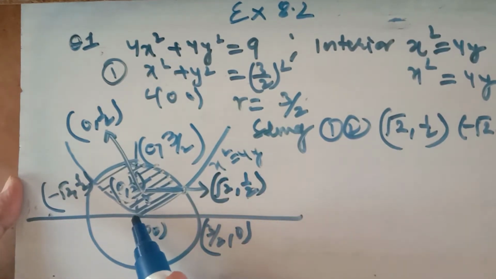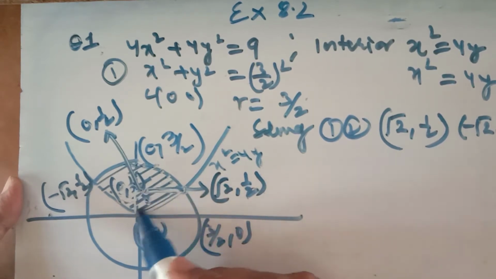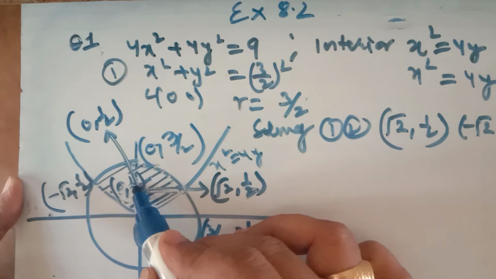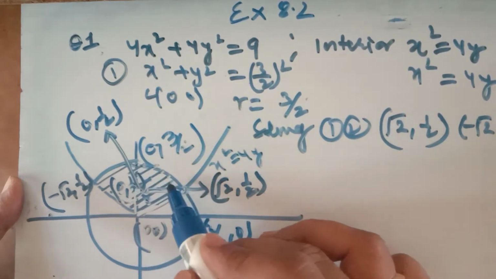Now, because it is touching the y-axis, from 0 to 1/2 the parabola is touching this area, and from 1/2 to 3/2 it is touching the circle.